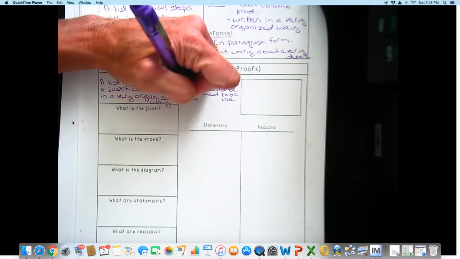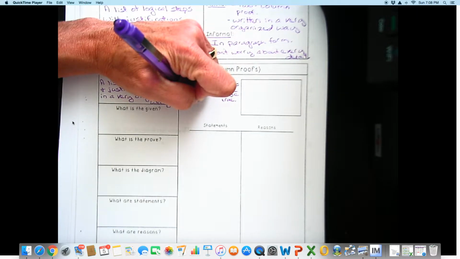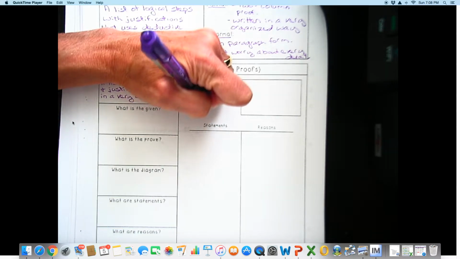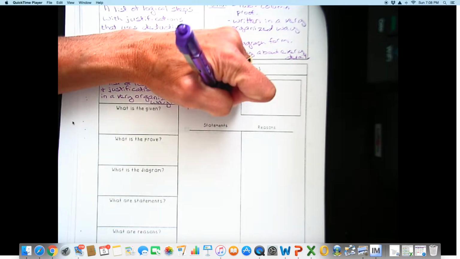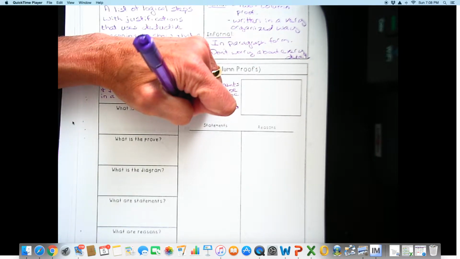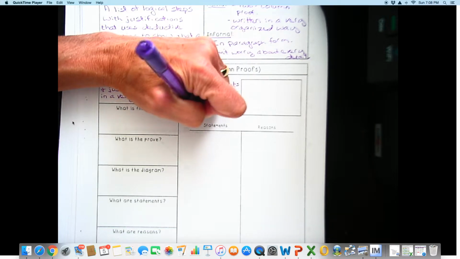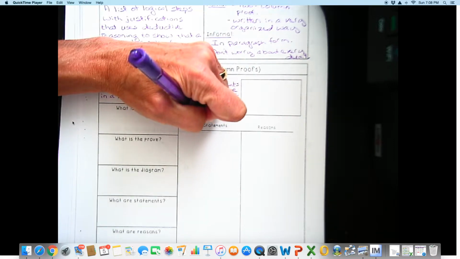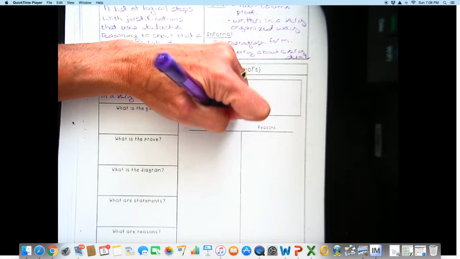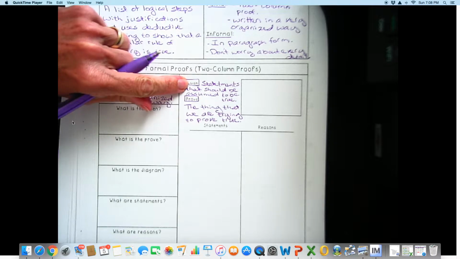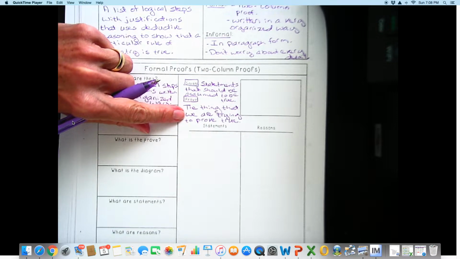So the prove is the thing that we are trying to prove true. Okay, so this is basically our starting point, and this is where we want to end up.